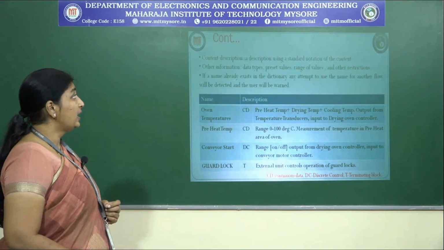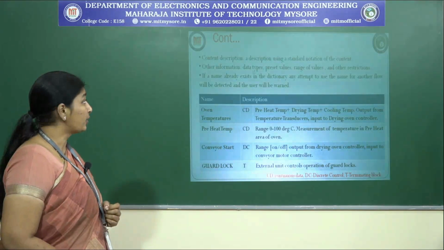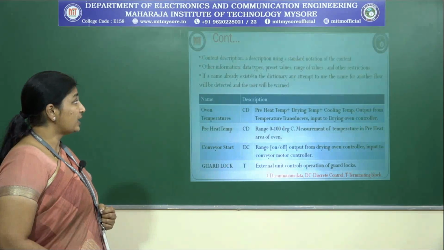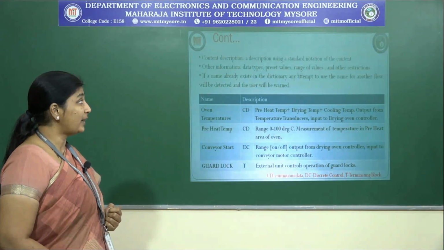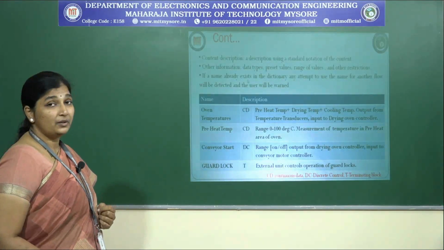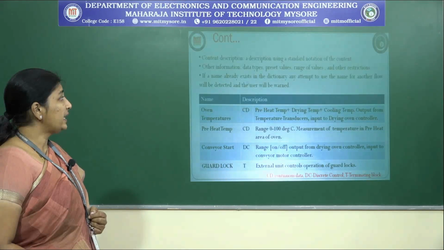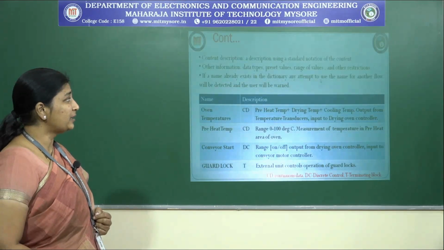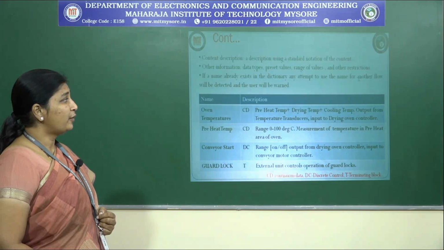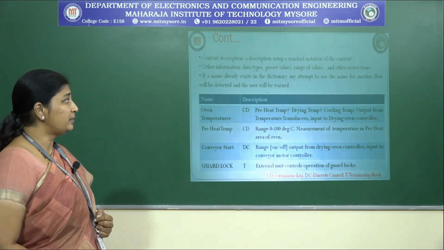Content description: a description using a standard notation of a content. Then other information like the data types, preset values, range of values and other restrictions are some of the information that needs to be addressed. If a name already exists in a dictionary, any attempt to use the name for another flow will be detected and the user will be warned.